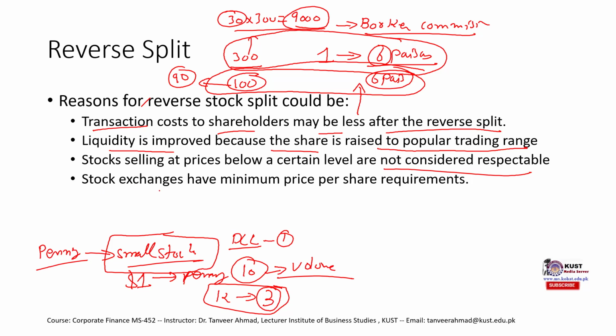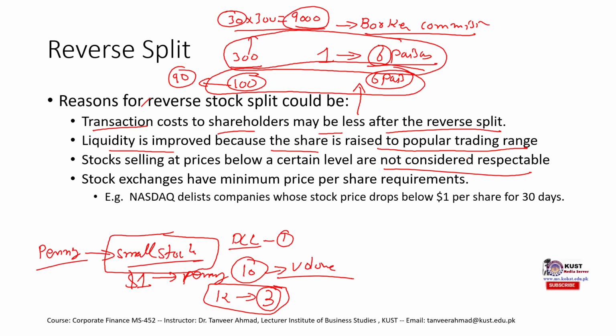So next one is, stock exchanges have a minimum price per share requirement. So there are certain stock exchanges that do have certain requirements that a share should have a price of at least, say for example, in Nasdaq they have a $1 minimum price for 30 days.